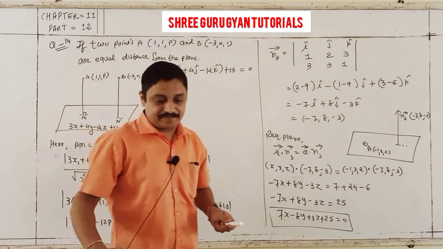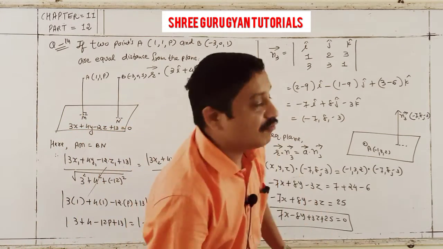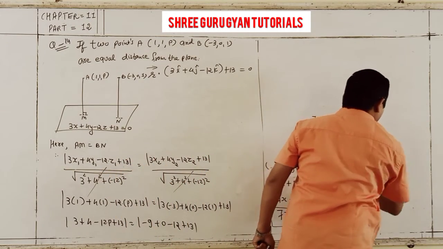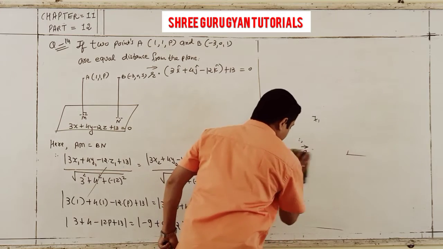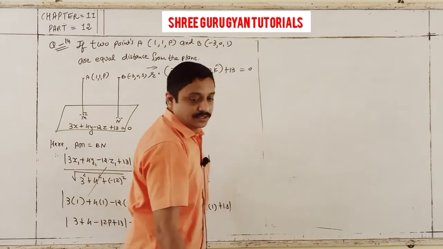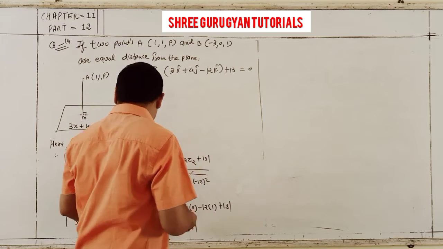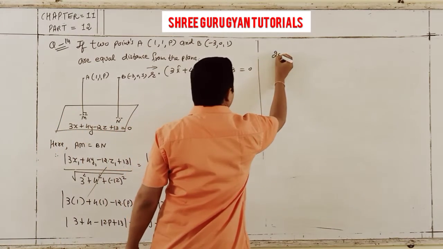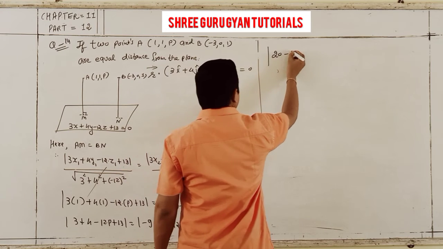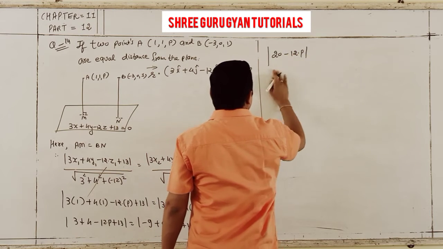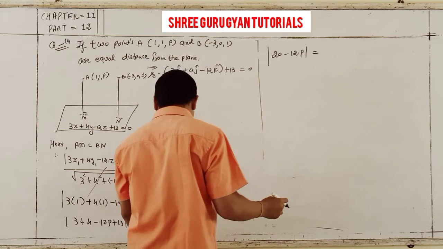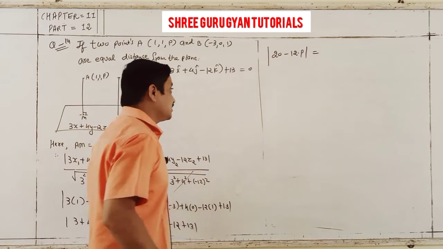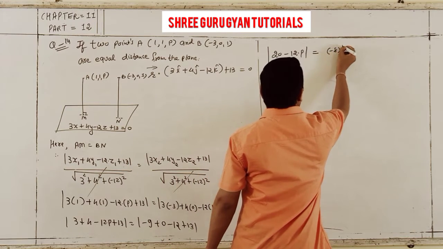Now, the simple way: you will convert to the value of p in two different ways, one positive and one negative. So students, my answer here: 4 and 3 is 7, 7 and 13 is 20, modulus minus 12p is equal to, this side also the same: minus 13 and 12, minus 9, minus 8, modulus same.